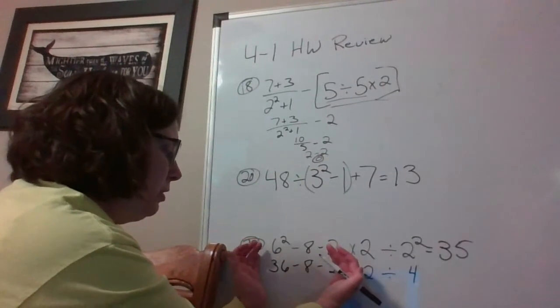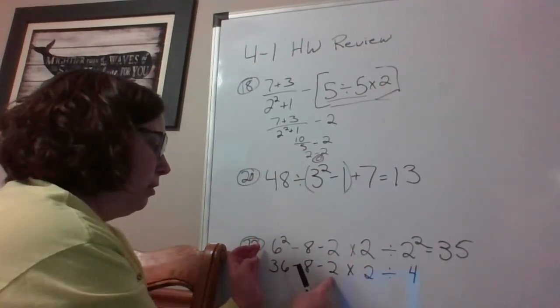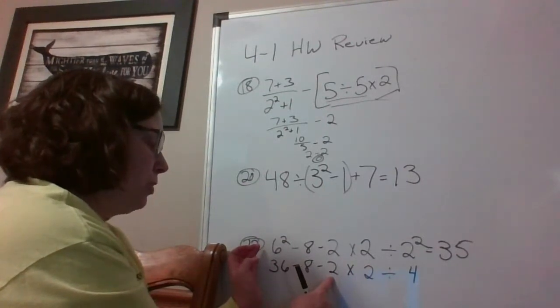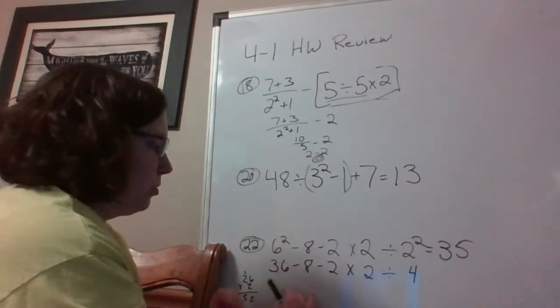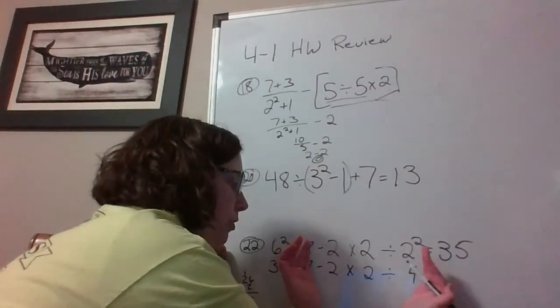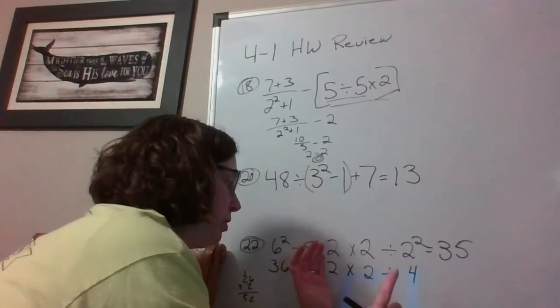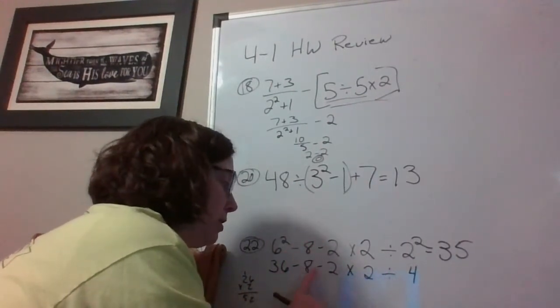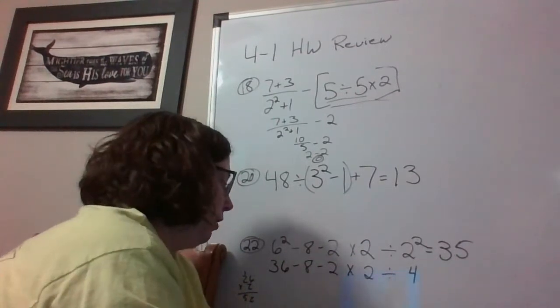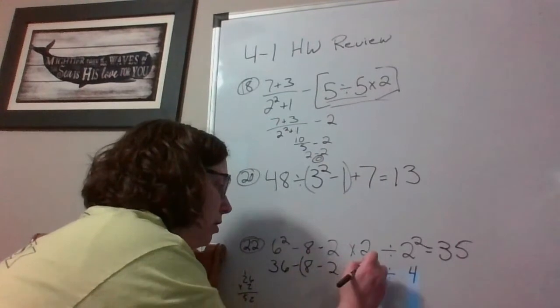So if I think about these 3 being together, we'd have 28 minus 2 would be 26, and then the 26 times 2 divided by 4, that did not work. What if I group these 3 things together? I would get 4 divided by 4, which is 1. 36 minus 8 minus 1 is not 35. So the last option would be to group these together.